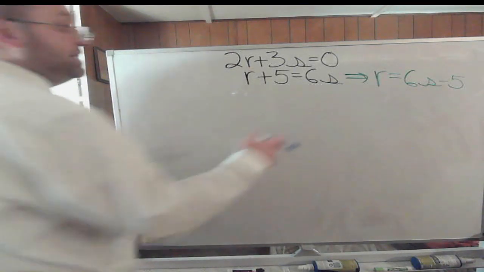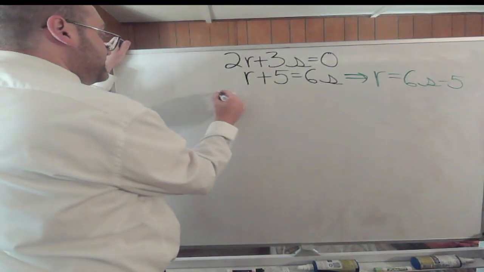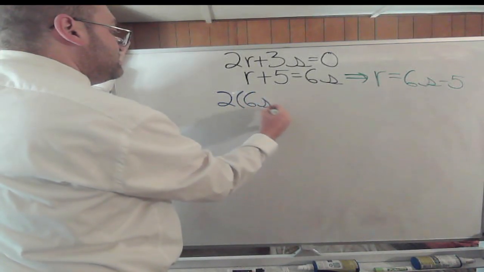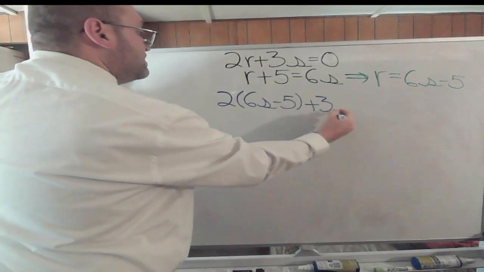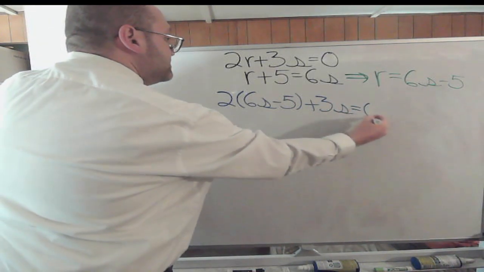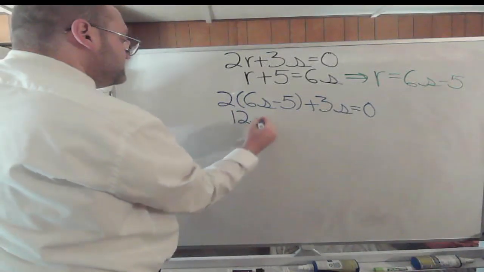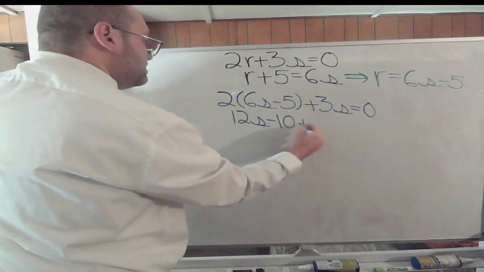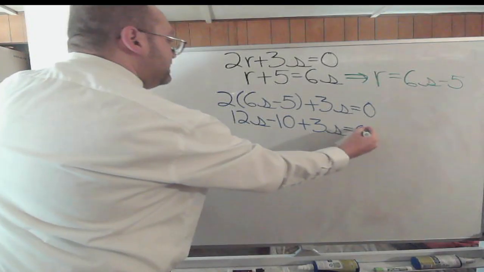So now you can take the substitution equation and put it into the first equation. So that's going to be 2 times that value of r, 6s minus 5, plus 3s, all equal to 0. So 2 times 6s is 12s, minus 2 times 5, so that'd be minus 10, plus 3s equal to 0.